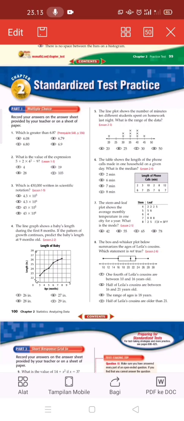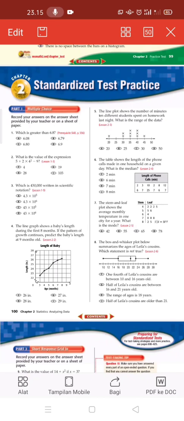5. Add 2 times 4 to 9. F. 4. G. 19. H. 28. J. 103. 3. Which is 430,000 written in scientific notation?